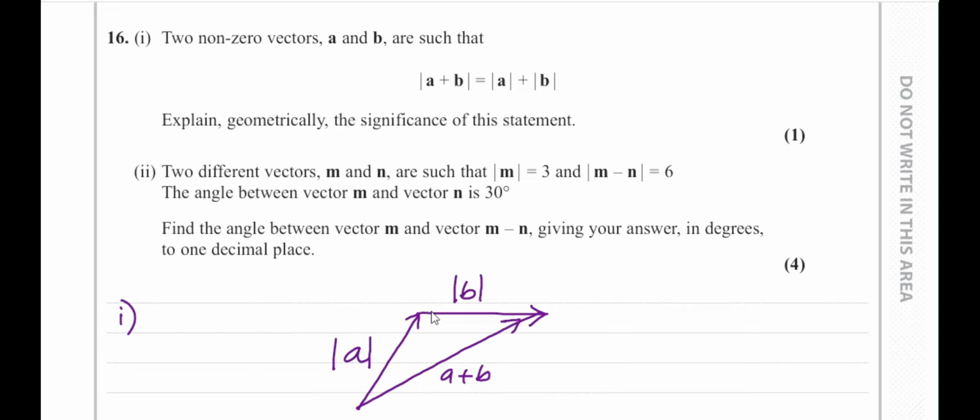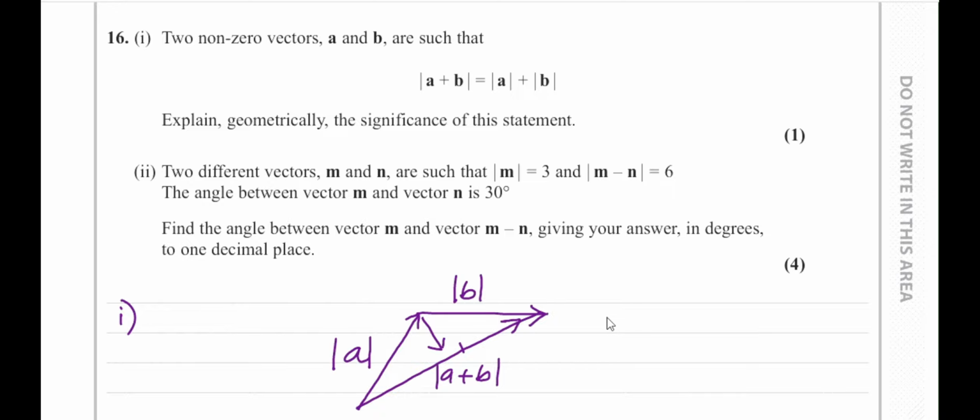If that should be equal to the modulus of a plus b, which is the absolute length of the vector a plus b, then there is only one way. This should collapse down and become part of this a plus b. That is, vector a must be from here to here and vector b must be from here to here, which means they must lie on the same line.